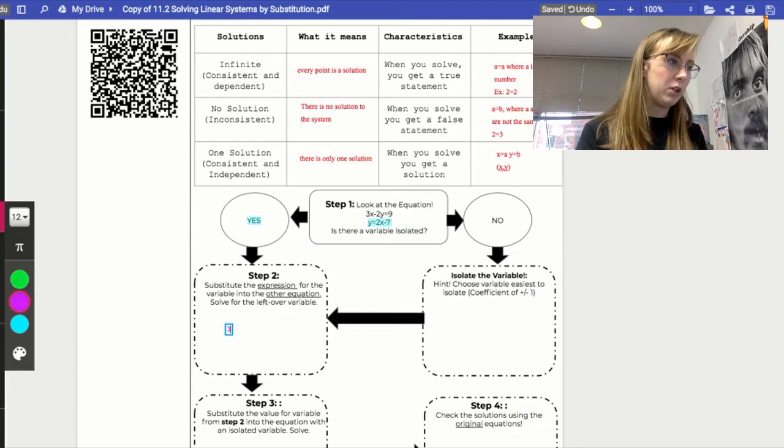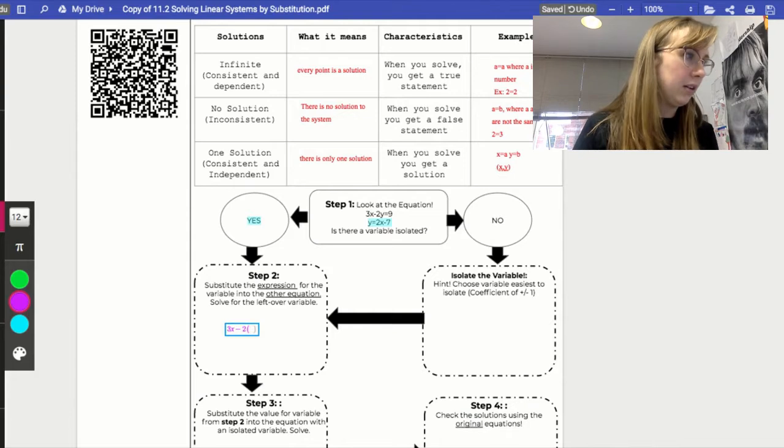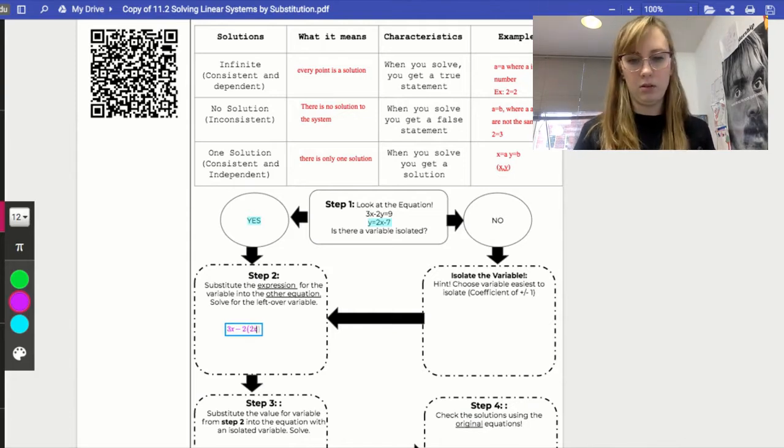If you look at the other equation, the one where there wasn't an isolated variable, it was 3x minus 2y. I'm going to replace y with 2x minus 7, and that's equal to 9.